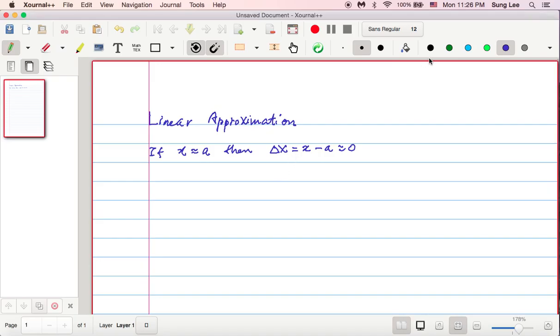So in the infinitesimal case, delta x becomes dx. The slope of a line segment, which is delta y over delta x. Let me go back to the picture here.